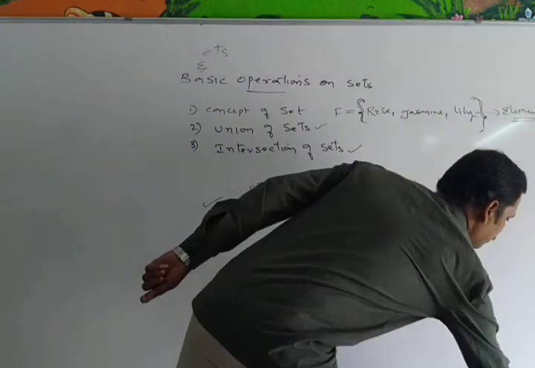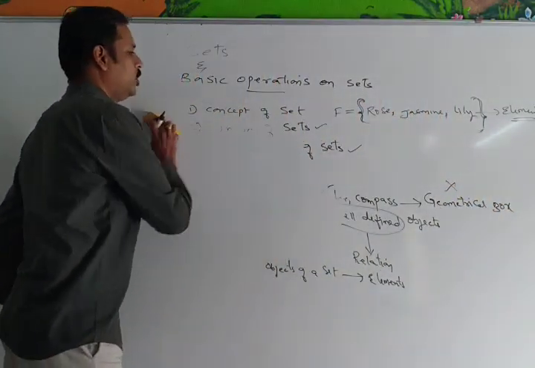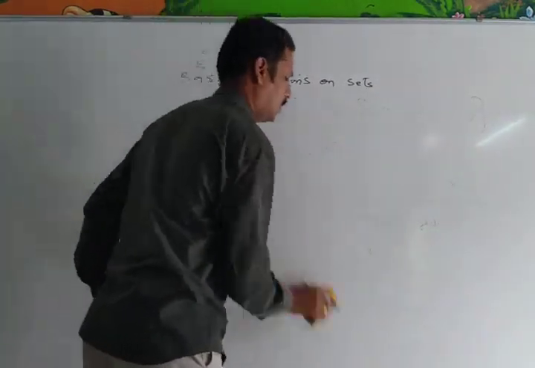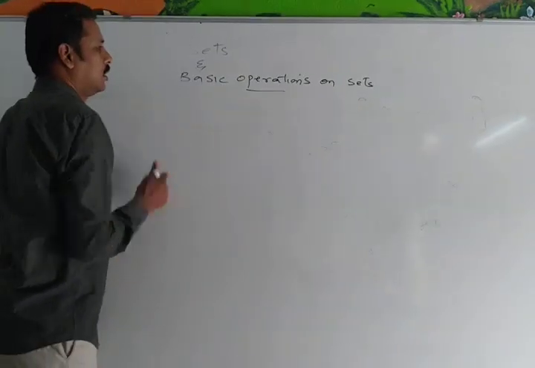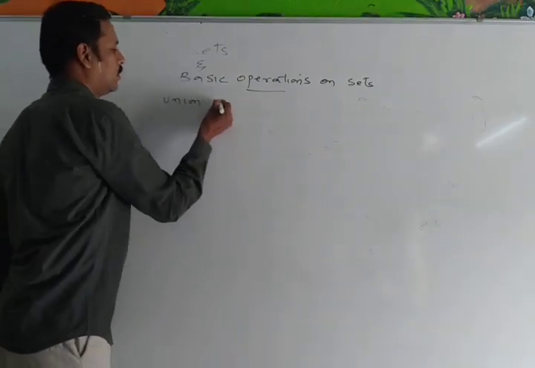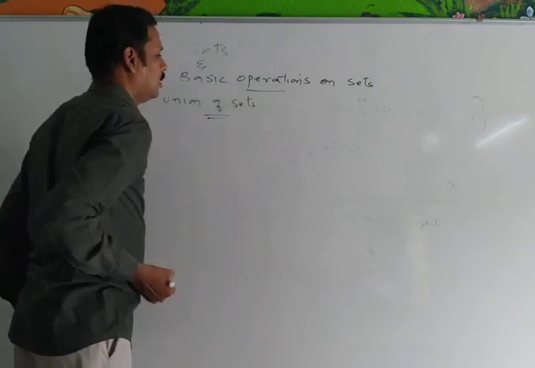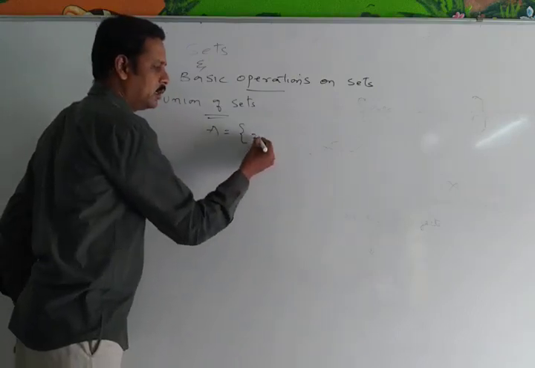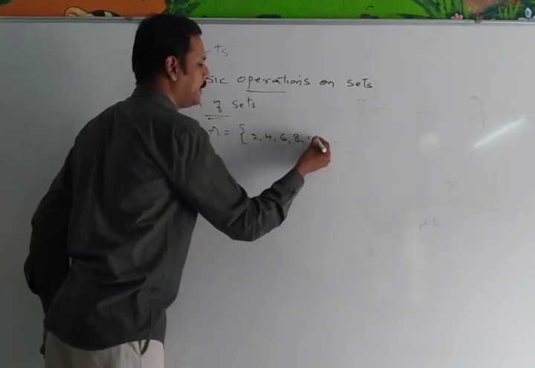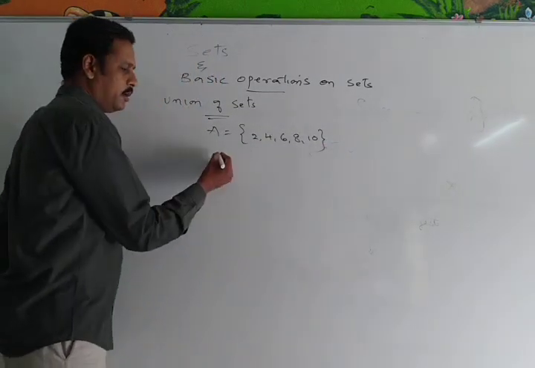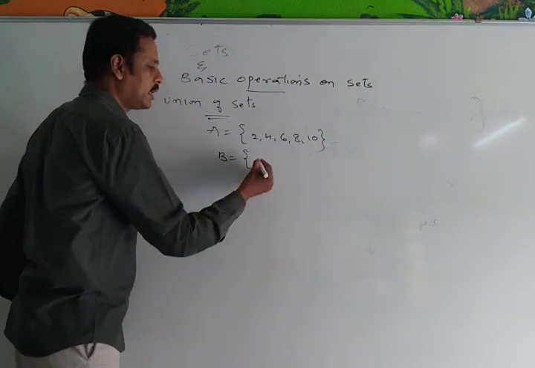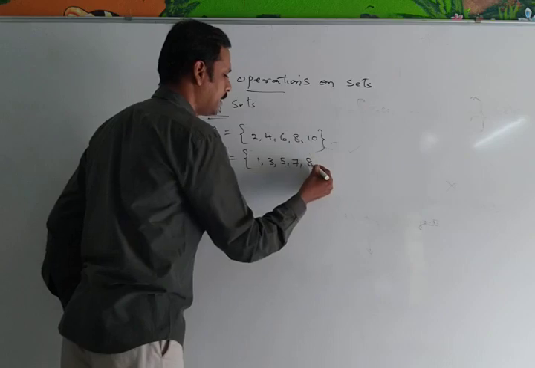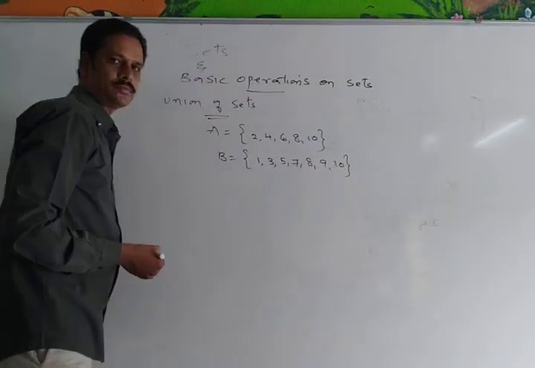Now let us go to our concept directly, union of sets. Now A is equal to a set with the elements 2, 4, 6, 8, 10, and B is another set which contains the elements 1, 3, 5, 7, 8, 9, 10.